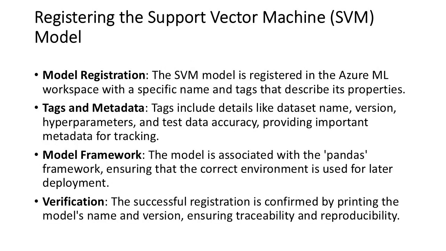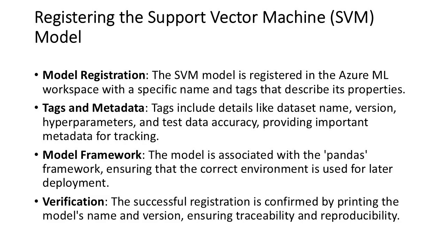So we are registering the support vector machine. In order to register it, these four things have to be done. First, model registration: you have to register in the Azure ML workspace with specific names.